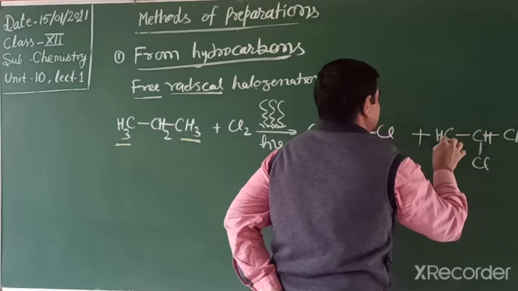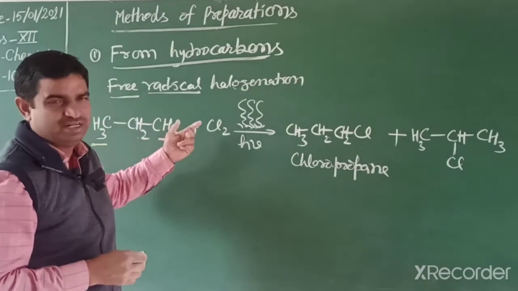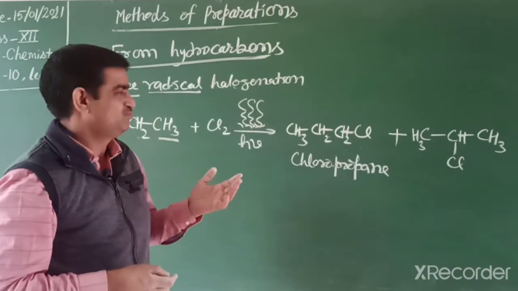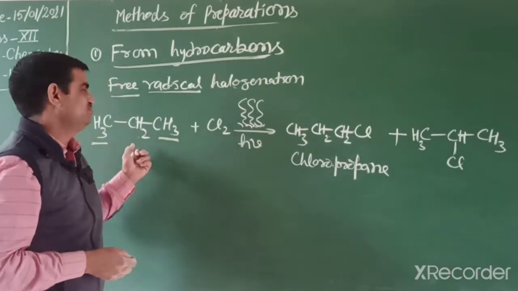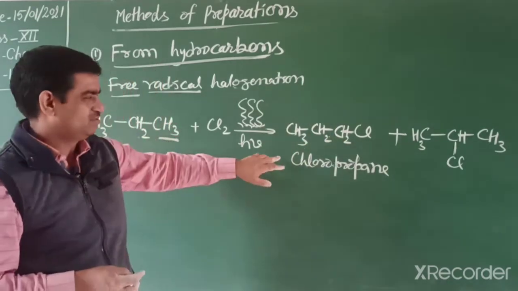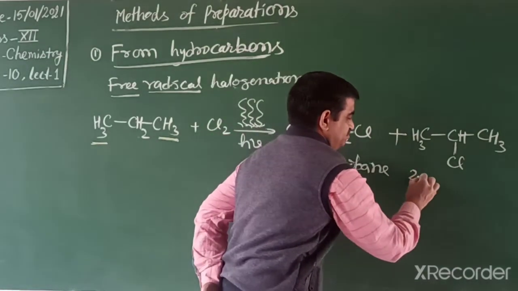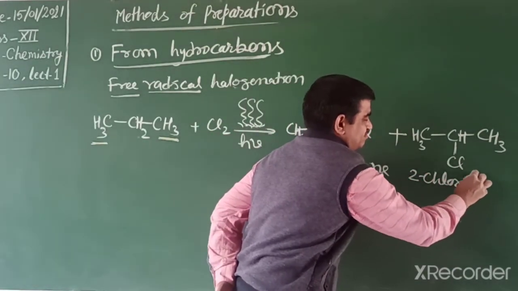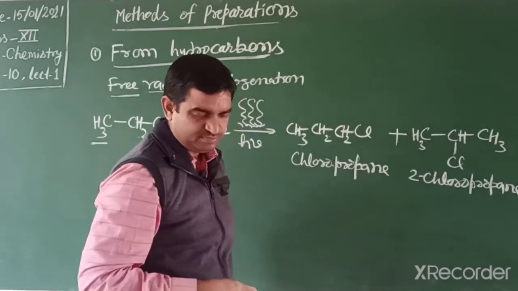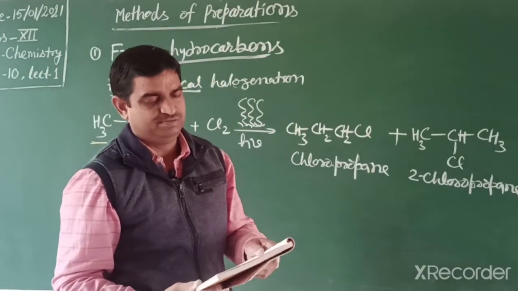So in exams, a question comes: a hydrocarbon undergoes free radical halogenation, which products do you get? Then you have to identify how many types of different hydrogen there are, and you get different products, 1-chloropropane and 2-chloropropane. Such a question comes in your exam also.